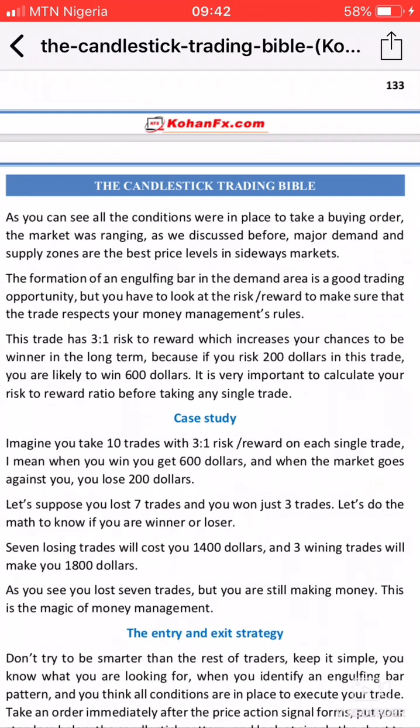Let's do the math to know if you are a winner or loser. 7 losing trades will cost you $1,400, and 3 winning trades will make you $1,800. As you see, you lost 7 trades, but you are still making money. This is the magic of money management.